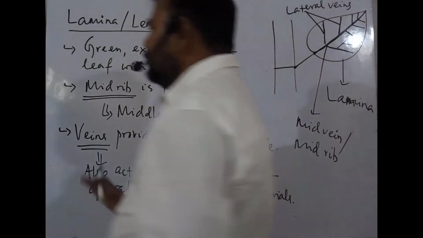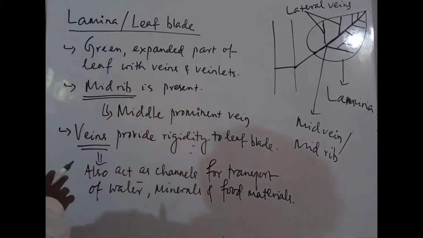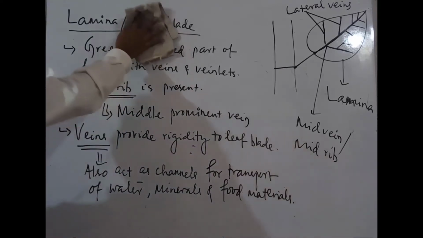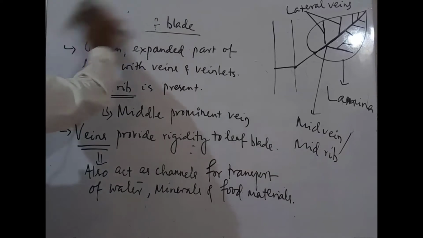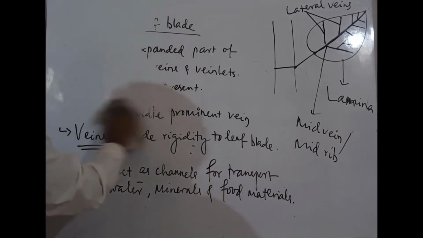And as I told you, the size of the vascular bundle varies, and that is directly proportional to the size of the vein. So these act as the channels. So midrib हो या फिर lateral veins हो या veinlets हो, this all has vascular bundles.